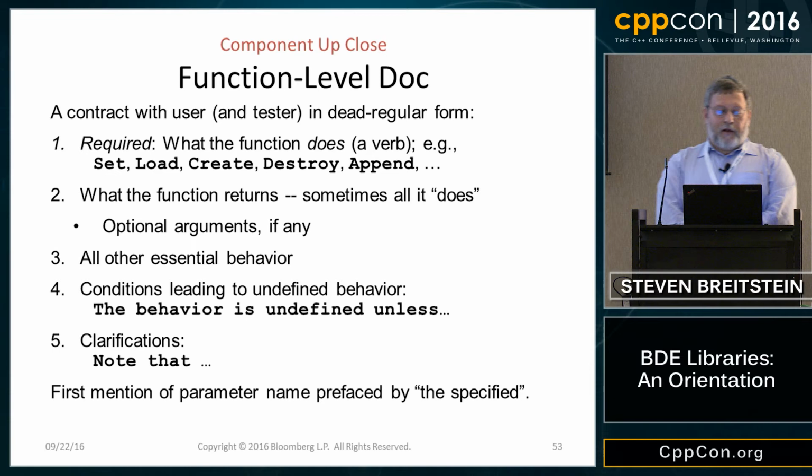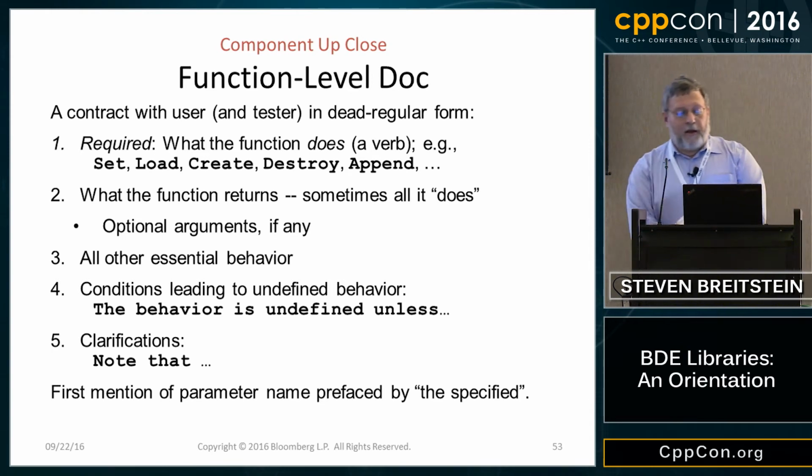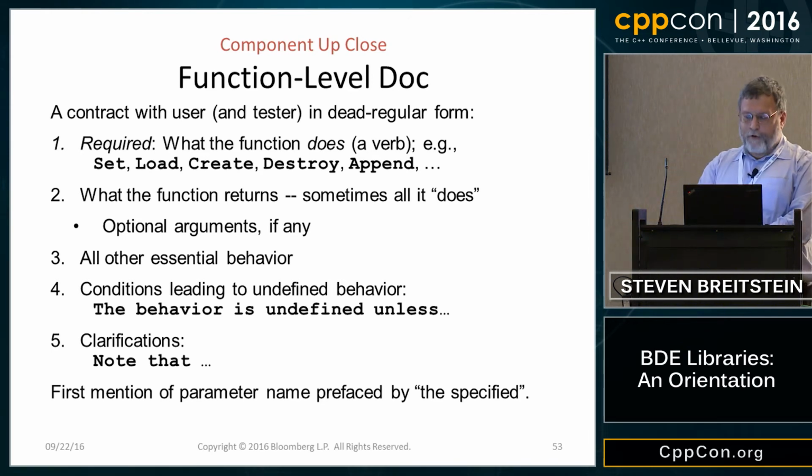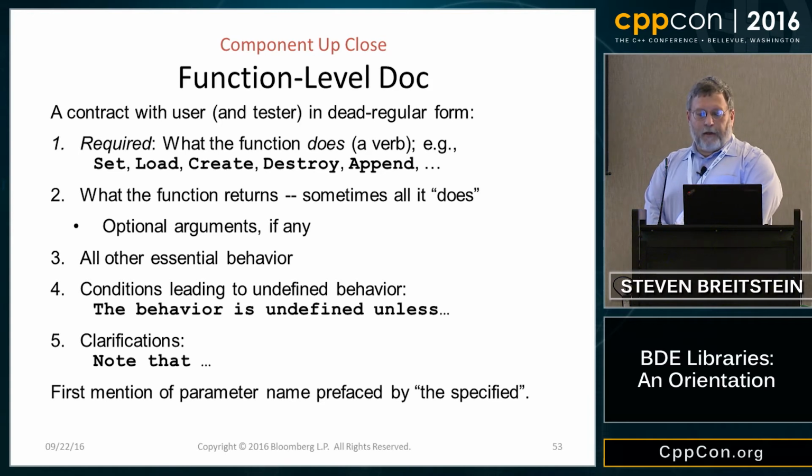The next thing you will find is what the function returns. And in some cases, the two convolve. If all the method does is return something, well, that's what it does. Any optional arguments are discussed next. All other essential behavior is listed after that.